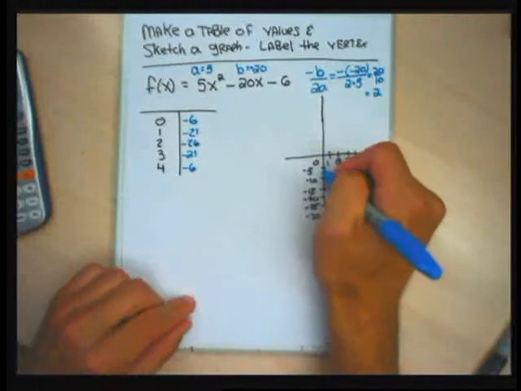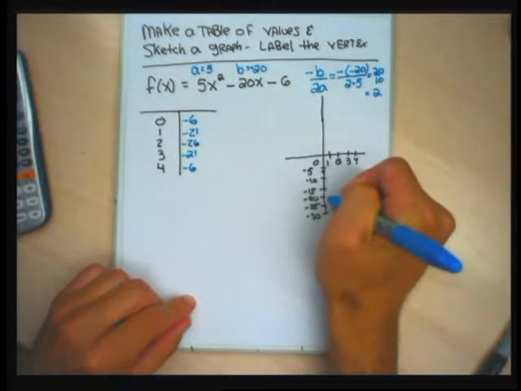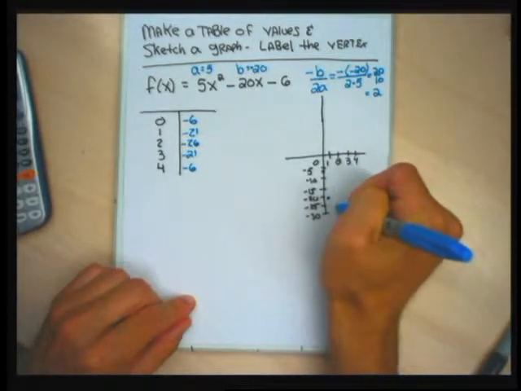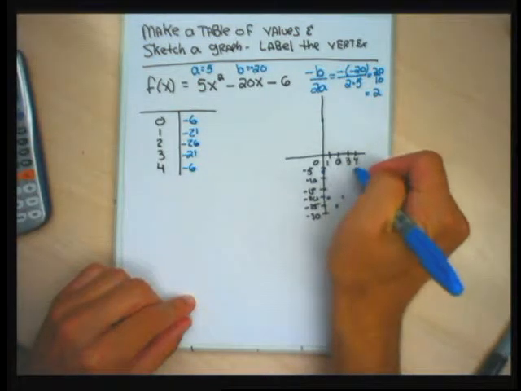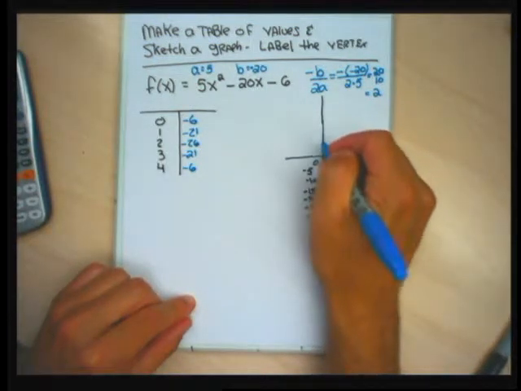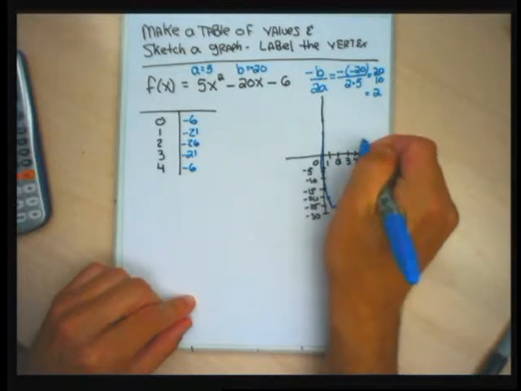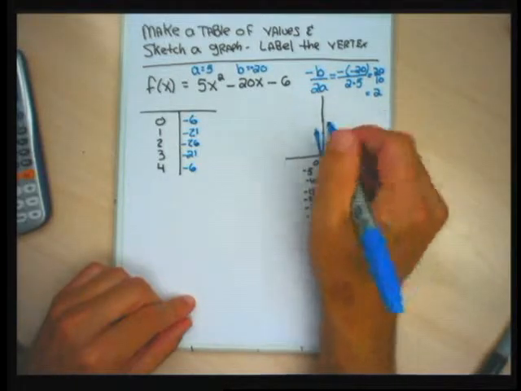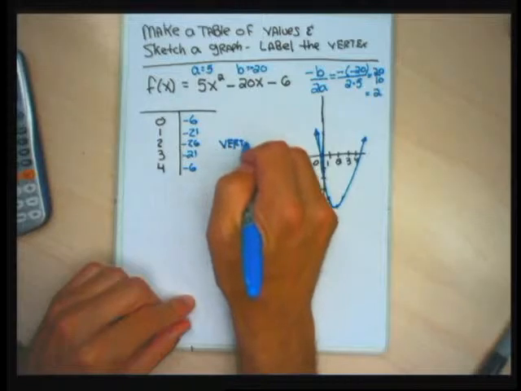So 0, negative 6, 0 is on the y-axis down 6, and then 1, negative 21 is about here. 2, negative 26, I'll say is about there. 3, negative 21, and 4, negative 6. So the graph looks something like this. Again, if I put little arrows at the end of my parabola, that's probably nice. And I said label the vertex.